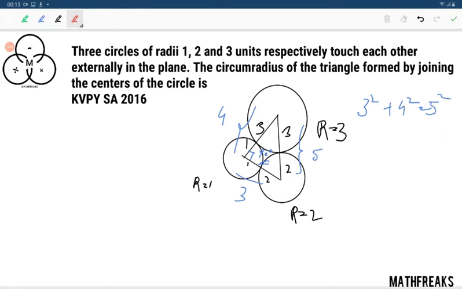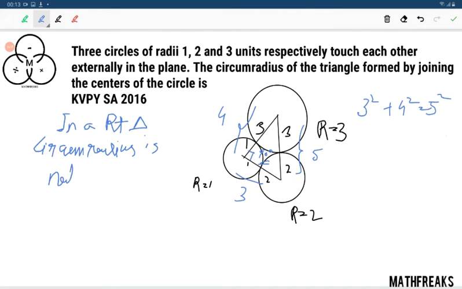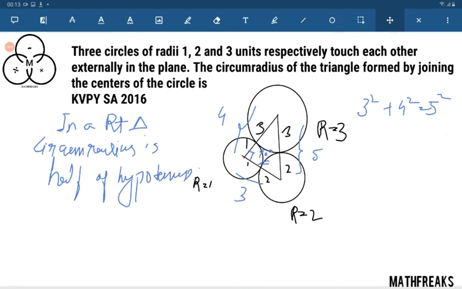You can write a note: in a right triangle, circumradius is half of hypotenuse. Why is this so?